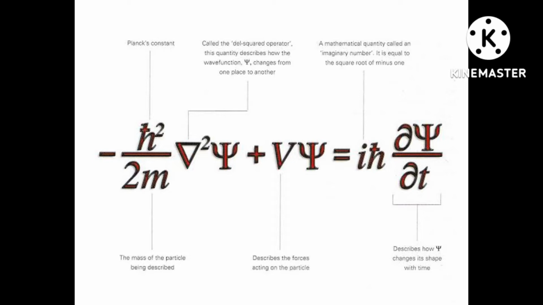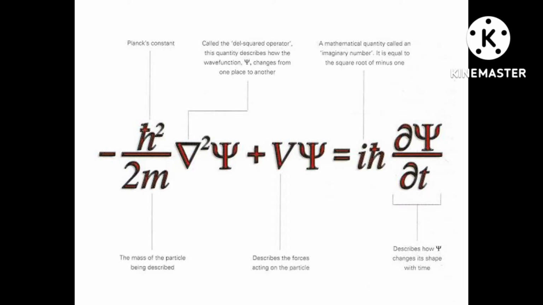Actually, we know that electrons move in an atom. Then where will it move? It is not fixed. It may move in three directions, three coordinates. Maybe in x direction, maybe in y direction, maybe in z direction.